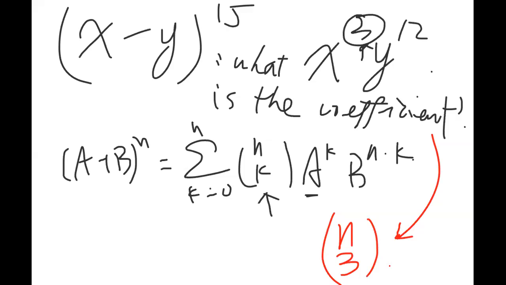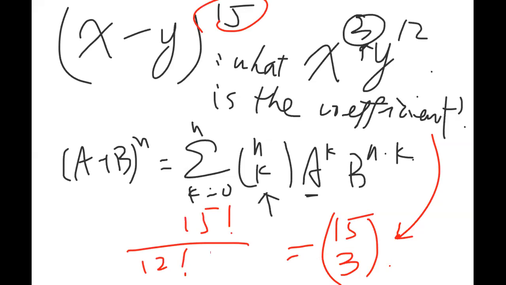And in this case, n is 15, the total number of powers, right? So 15 choose 3, which is 15 factorial divided by 12 factorial times 3 factorial, right? Again, in 15 factorial divided by 12 factorial, all the previous terms 1, 2, 3, all the way to 12 are gone. So the only surviving terms are 15, 14, and 13. So the numerator becomes 15 times 14 times 13 divided by 3 factorial, which is 6.